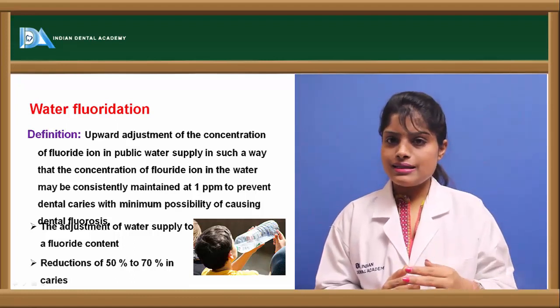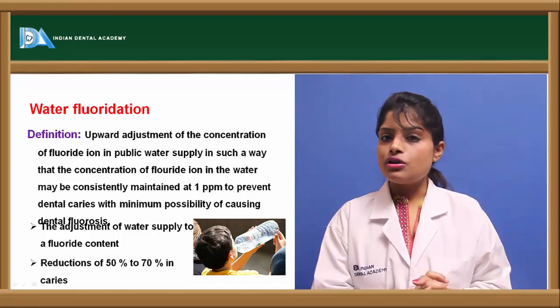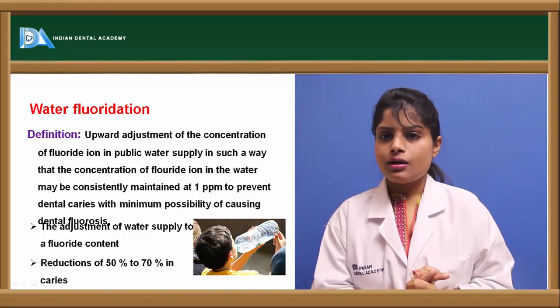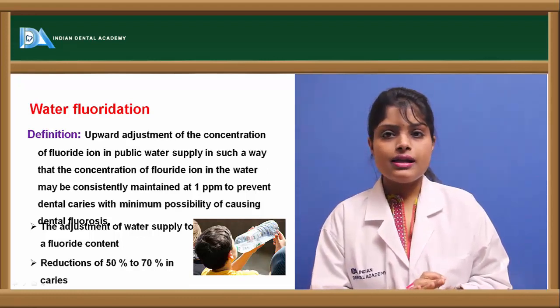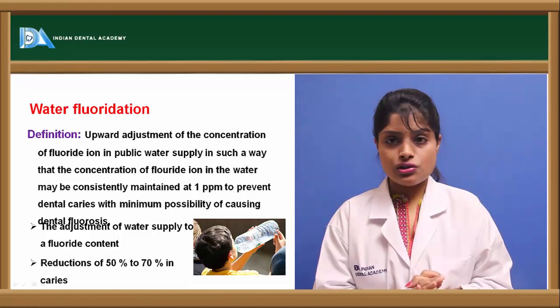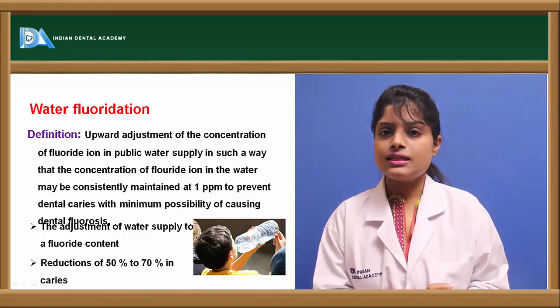So this is basically the adjustment of fluoride concentration in the community water supply. Various studies found that water fluoridation led to a remarkable reduction in dental caries incidence, up to 50 to 70%.